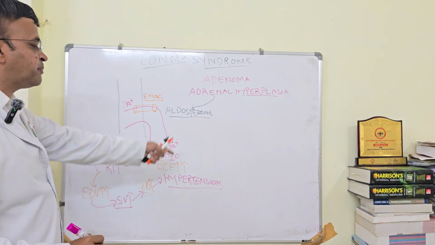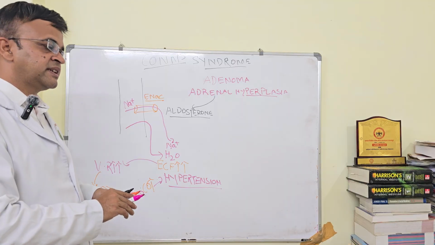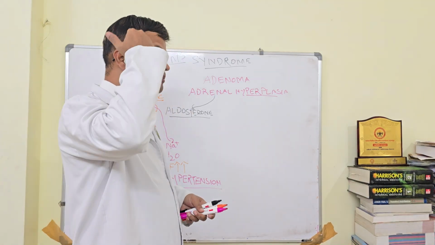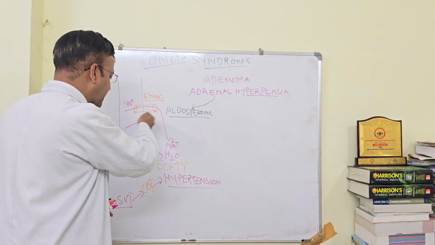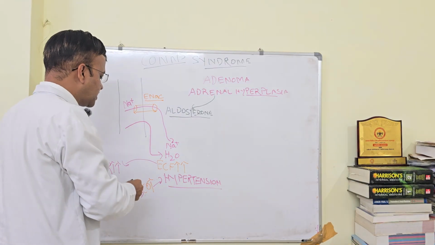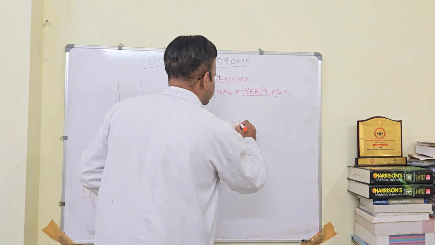Now this hypertension can lead to many things, which we will discuss one by one. One very important thing hypertension can lead to is headache. Just see the chain reaction, one thing leading to another. Hypertension will lead to headache.